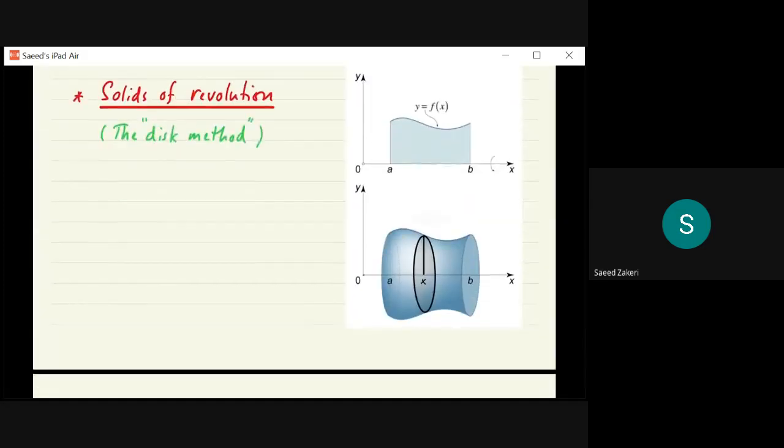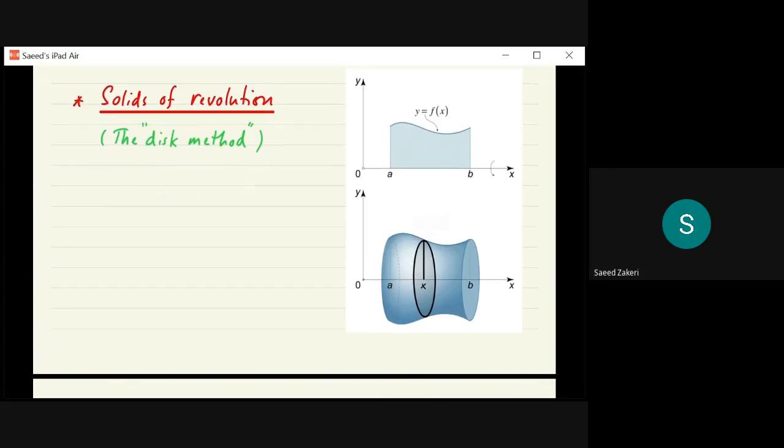Now, really this idea that the volume is the integral of the cross-sectional area is the essential idea here. And I showed you two examples of this. You can apply this general idea, volume equals integral of A(x) dx, to some special cases. One of those special cases is solids of revolution.